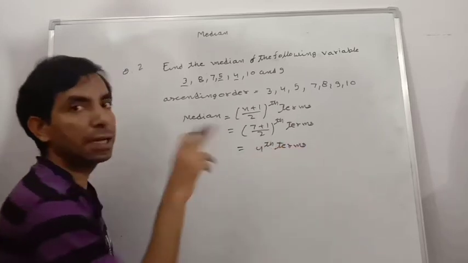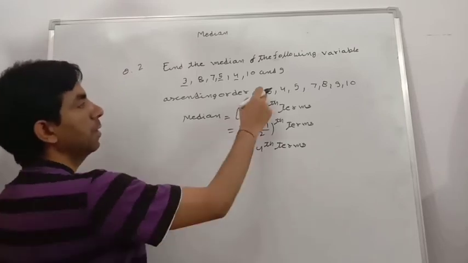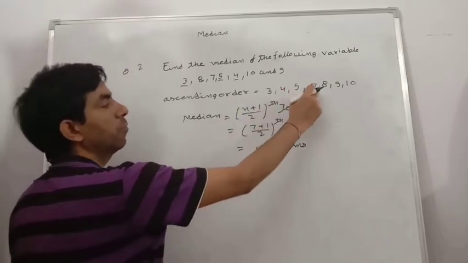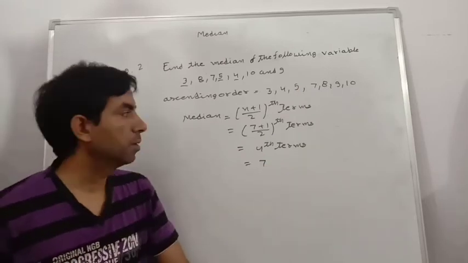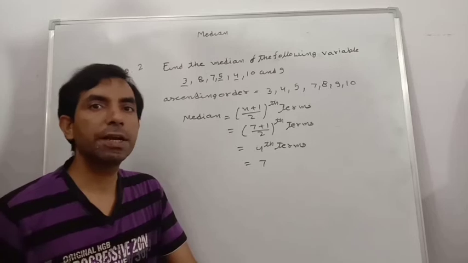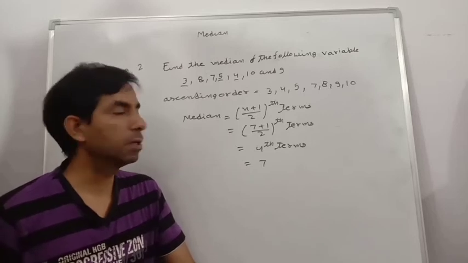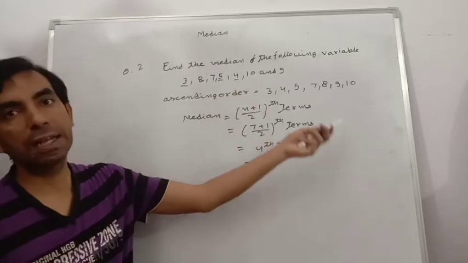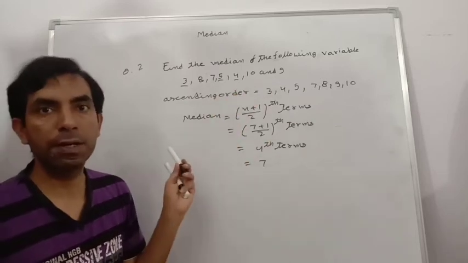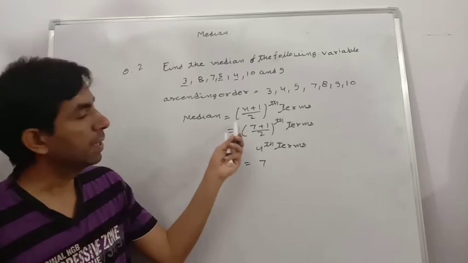So check in ascending order what the fourth term is: 1, 2, 3, 4. The fourth term's value is 7. So we can easily calculate when the number of variables is odd. By this method, you can easily calculate the median of individual data.